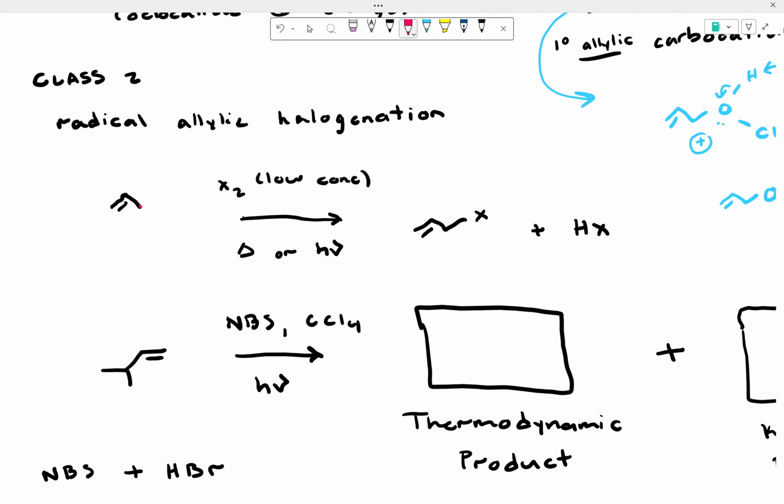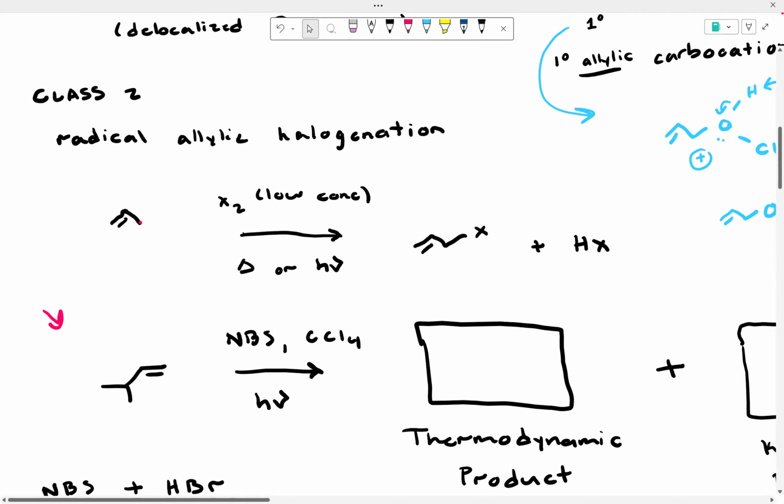And a real example of this is here. We have this particular allylic molecule. It reacts with NBS and a CCl4 solvent and light.